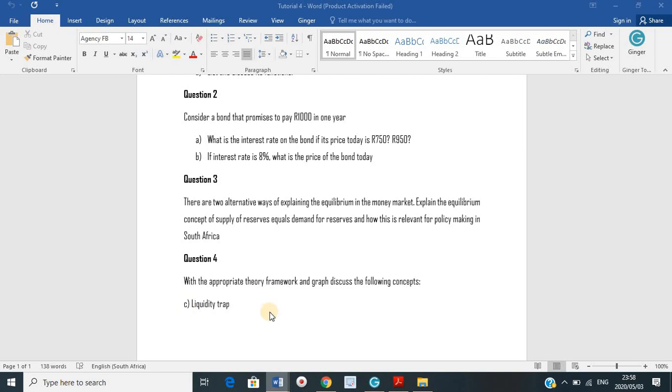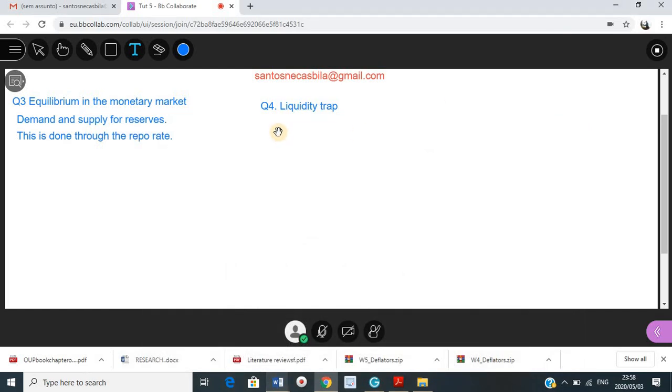This was supposed to be just one concept. So, in other words, what is a liquidity trap? Maybe first I can just draw the graph, or even before the graph. A liquidity trap is a situation whereby the interest rate hits its lower bound. In other words, it hits what we call in economics the zero lower bound.